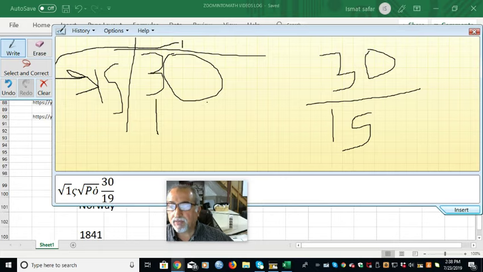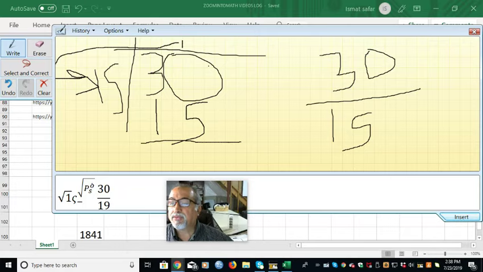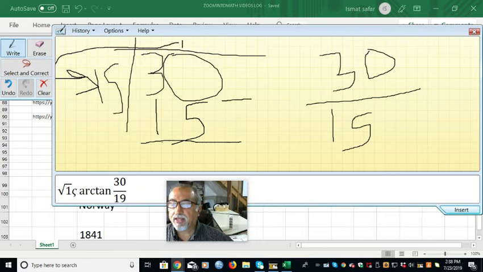Any number you multiply by 1 is the number itself. So we put 15 here on the bottom, and then we subtract 30 minus 15. The answer is 15 right here.